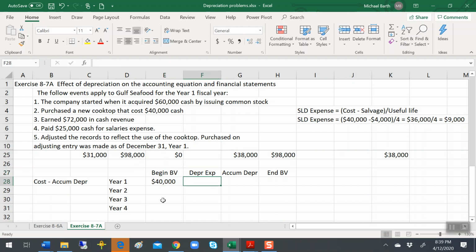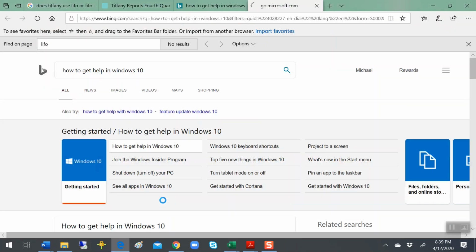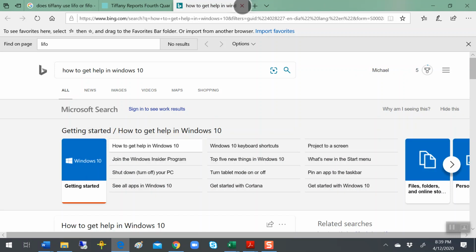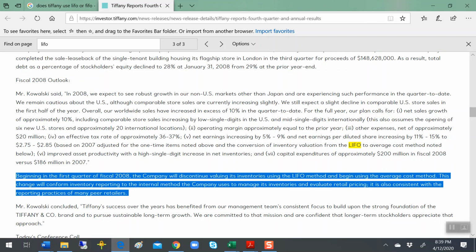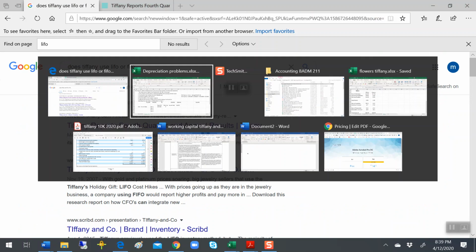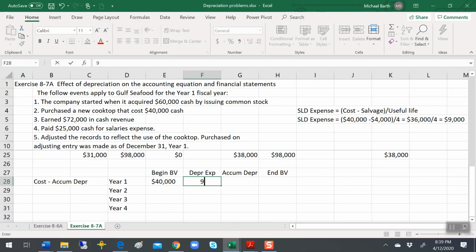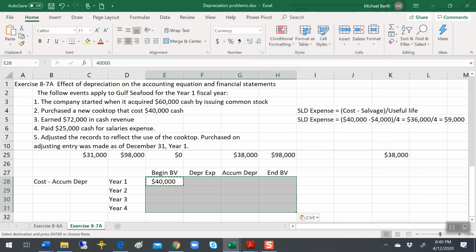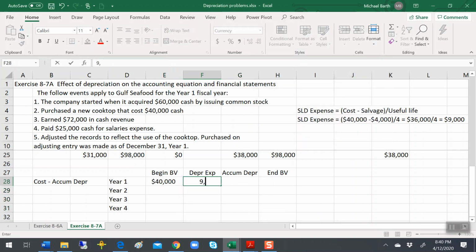We take a depreciation expense of $9,000. The accumulated depreciation is therefore $9,000. That's all we've accumulated at the end of the year.